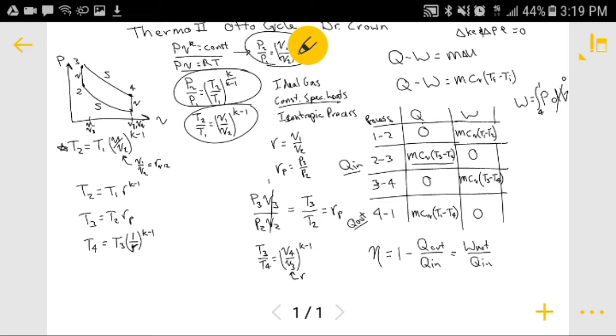So now I want to plug this in for efficiency. I'm going to derive the equation for efficiency, and I'm going to use this first expression. So 1 minus Q out is m C_V, T1 minus T4, that's my Q out, over my Q in is m C_V, T3 minus T2.